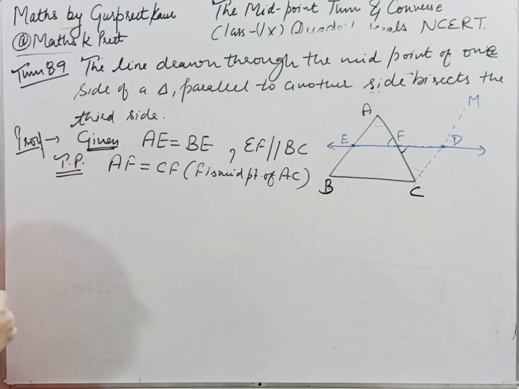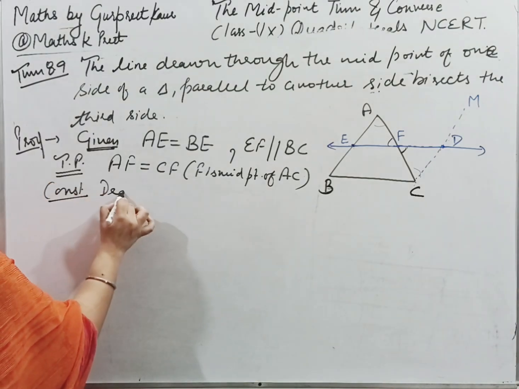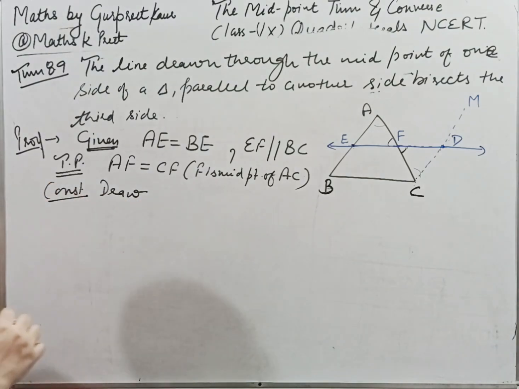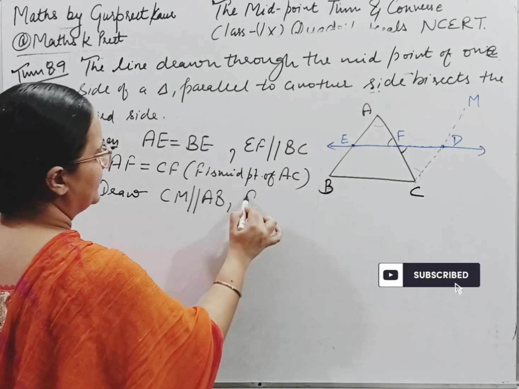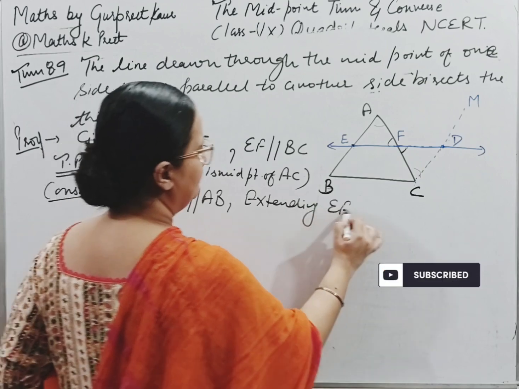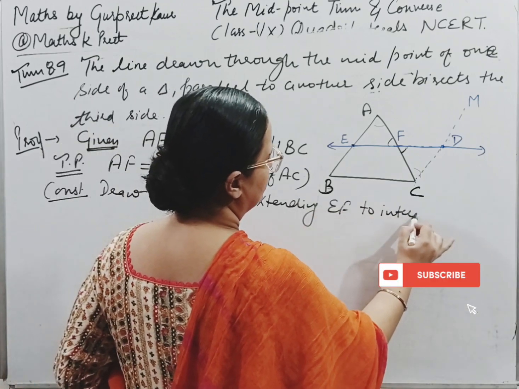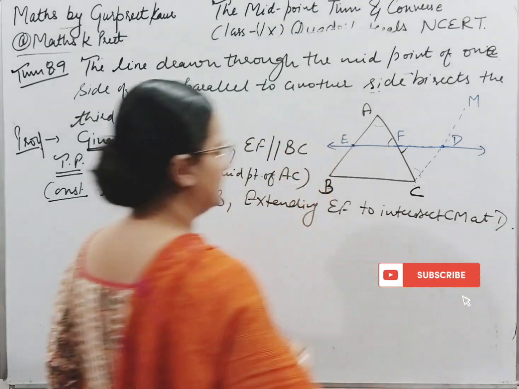Fine. Both means the same. So here construction is the same as we have done in midpoint theorem. Draw CM parallel to AB, extending EF to intersect CM at D. Fine. This is the construction here.